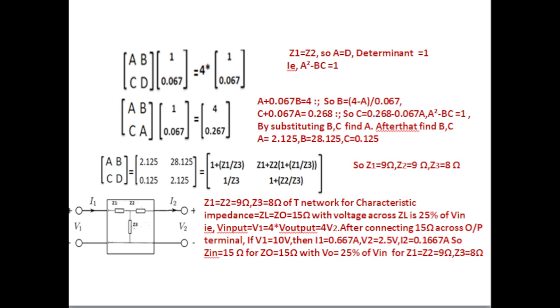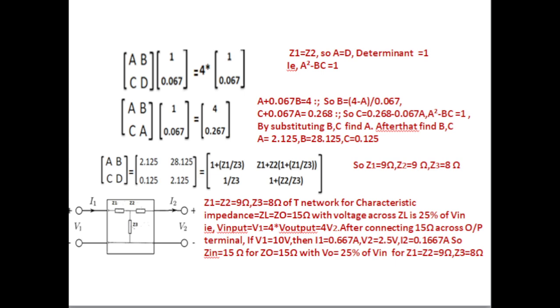From that we find B. B is equal to (4 minus A) divided by 0.067. C plus 0.067A equal to 0.268, that is C equal to 0.268 minus 0.067A. A squared minus BC equal to 1, because the determinant of this matrix is equal to 1. By substituting B and C, find A. After that, find B and C.